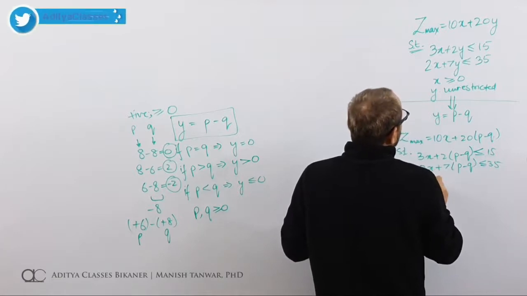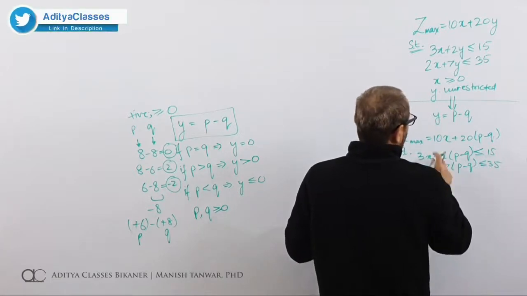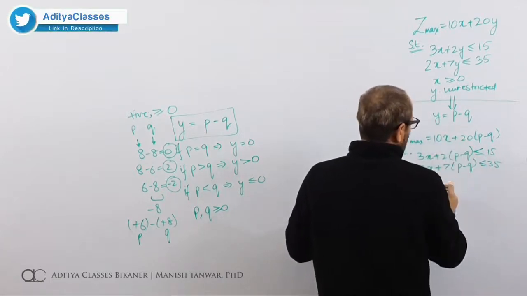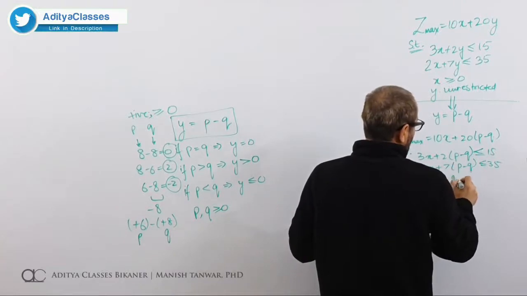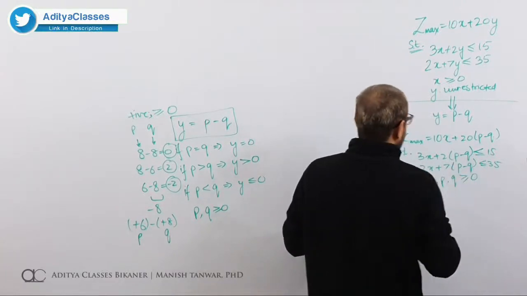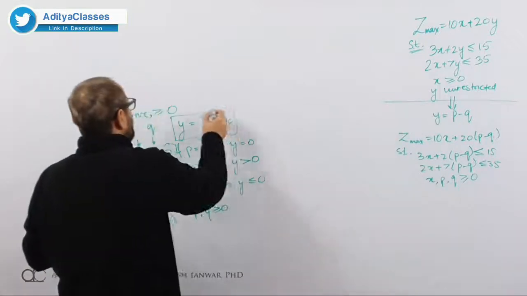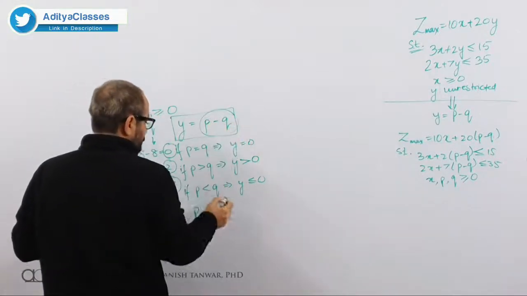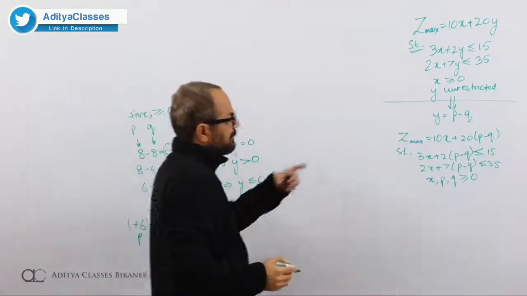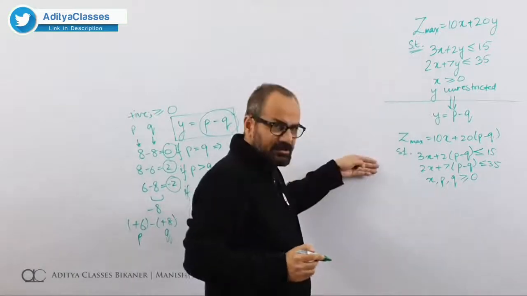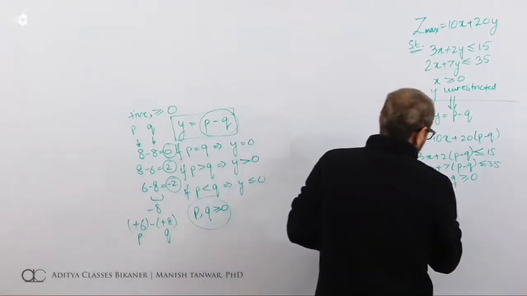And then last we will have x, p, q greater than equal to 0, because I have restricted p and q to be greater than 0. So my formulation changes to this new one.